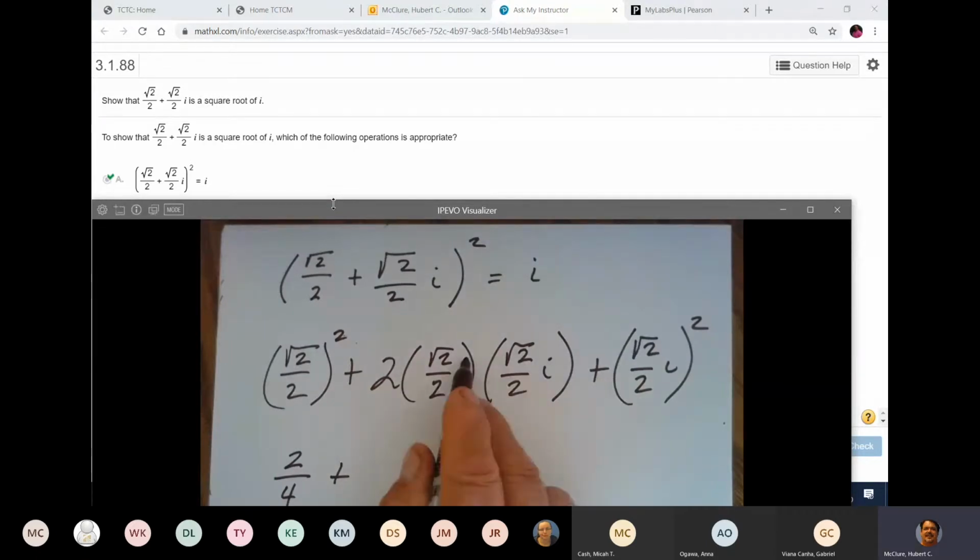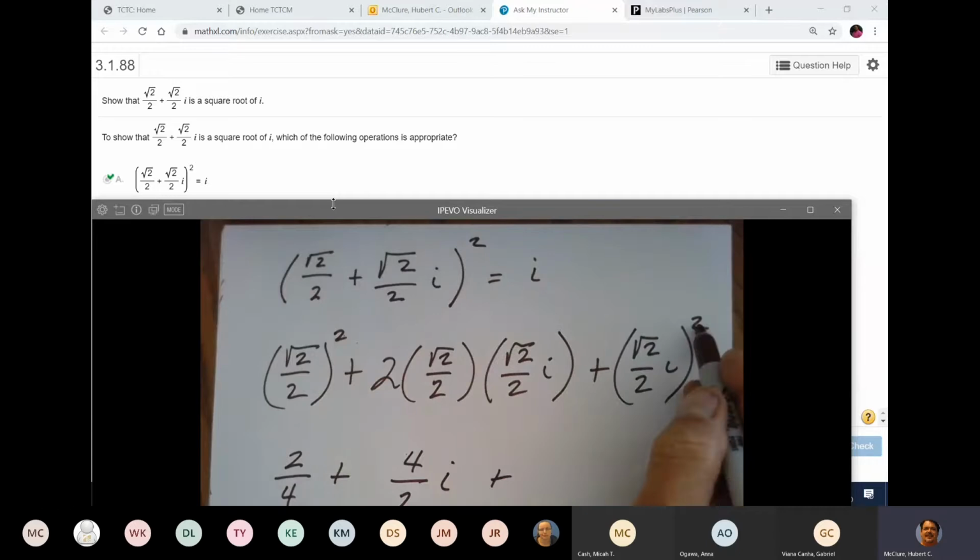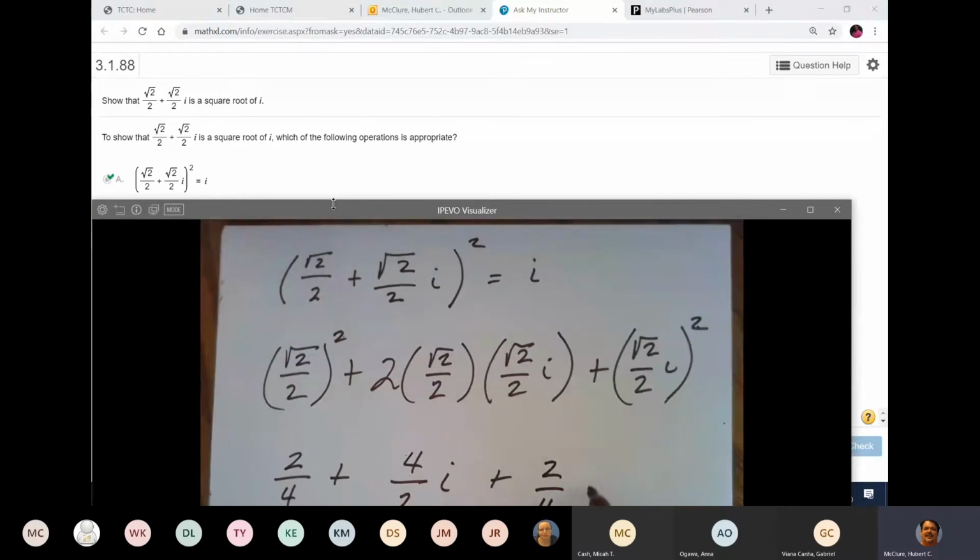That's going to be 4 over 2, isn't it? Square root of 2 times square root of 2 is 2. 2 times 2 is 4 over 2. Plus square root of 2 squared is 2 over 4 i squared.